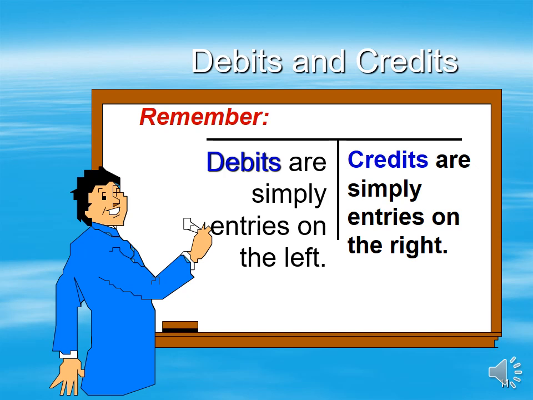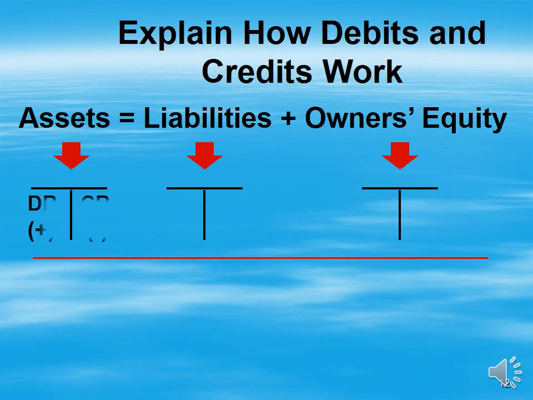If somebody says you have to debit an account, it means you have to record the transaction on the left side of the account. If somebody says you have to credit an account, it means you have to record the transaction on the right side of the account. You have to memorize this.